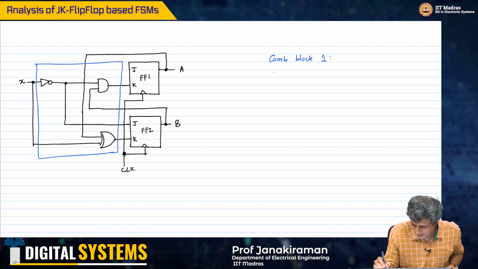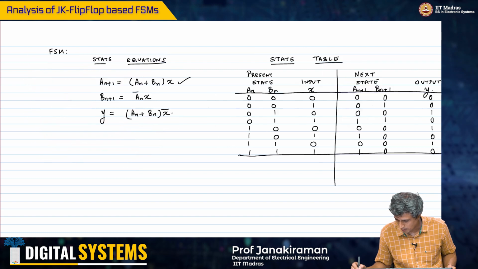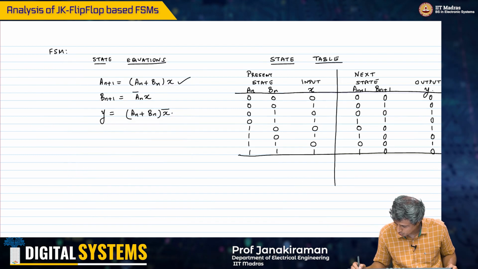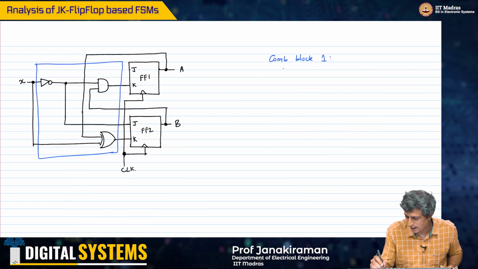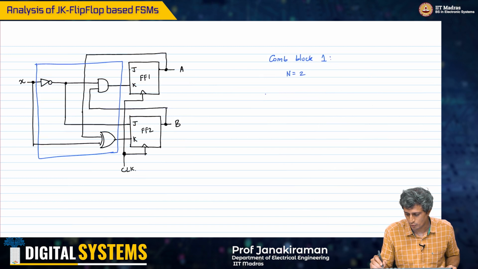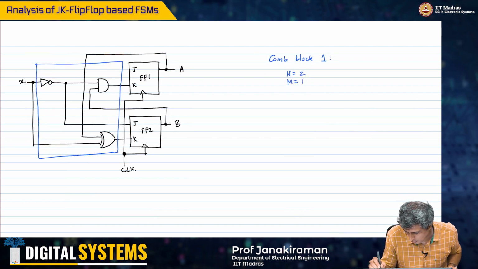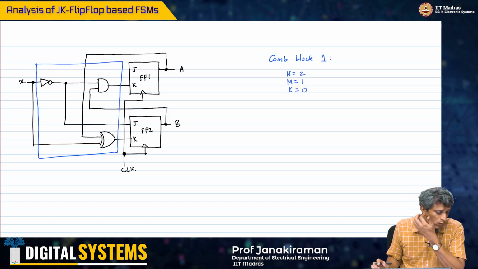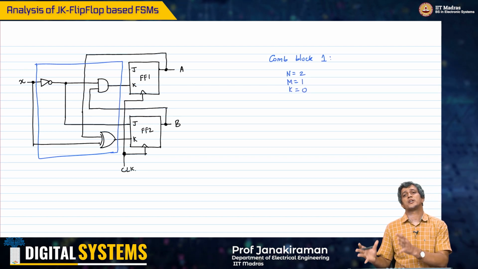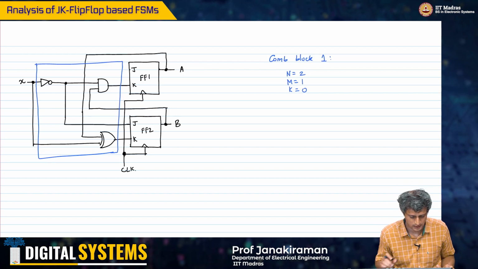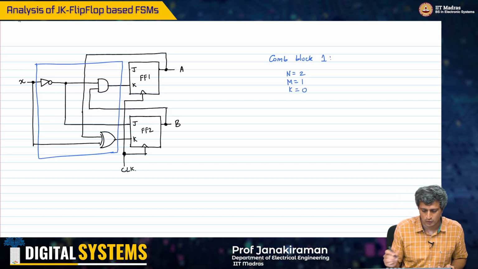It has the number of states, number of inputs, and number of outputs: N, M, and K. Number of states is 2, number of flip-flop outputs is 2, M equals 1 and K equals 0. Basically, there is no primary output, so there is no combinational block 2 in this particular example, which could also be the case.